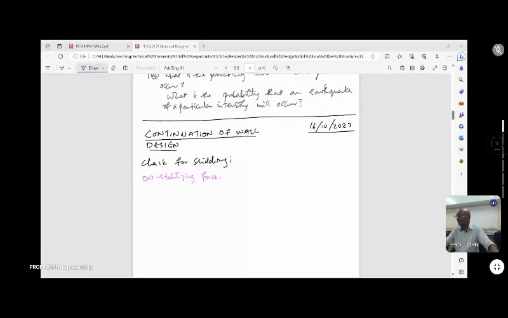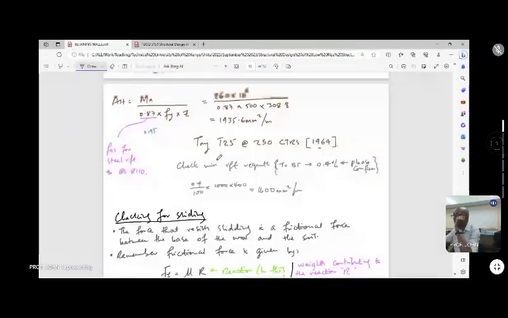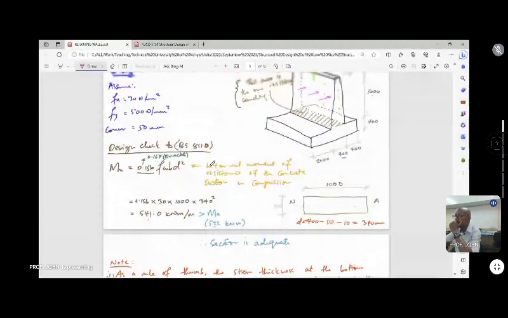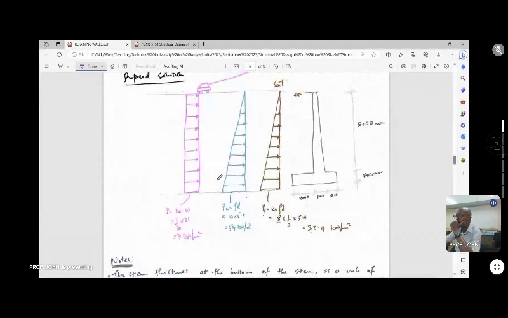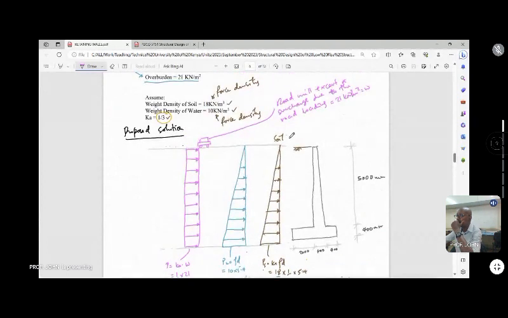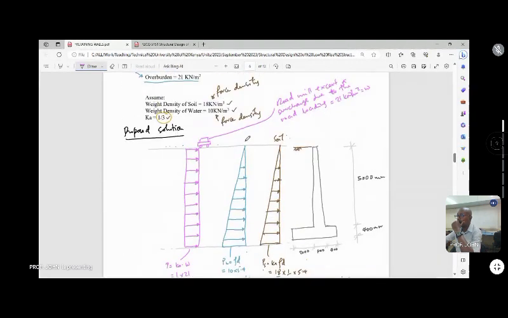It is the force courtesy of these two loads, courtesy of the soil and courtesy of the surcharge.